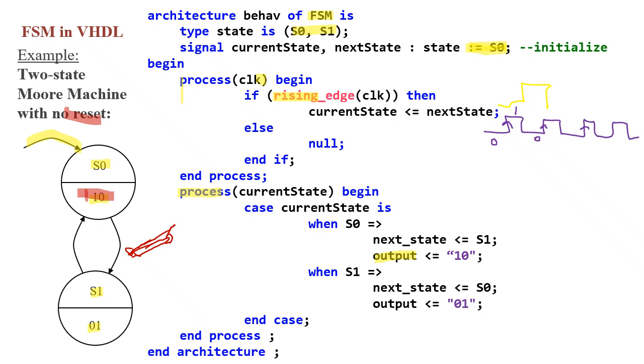In this line of code, if you have an input other than reset, of course, this input should be added to the sensitivity list of the combinational process. You're going to say process current state, comma, whatever the name of the input is. So this is the second modification that we'll make.